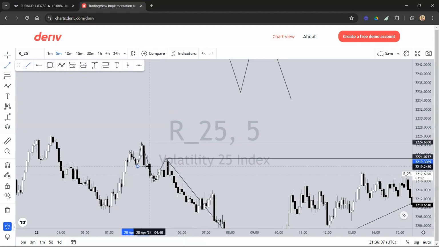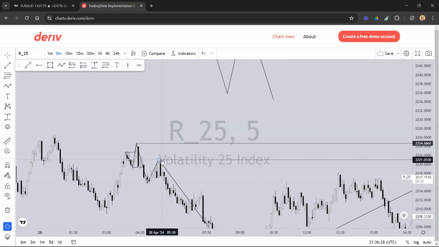Break that low that gave birth to the high that took out this high. This low, it has to break it, because it's this low that gave birth to this high that took out all this liquidity here. All right, so now we have our first rule and second rule. So now there must be a what? A 50% retracement, which is this.